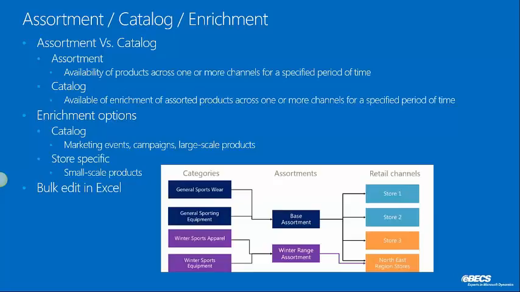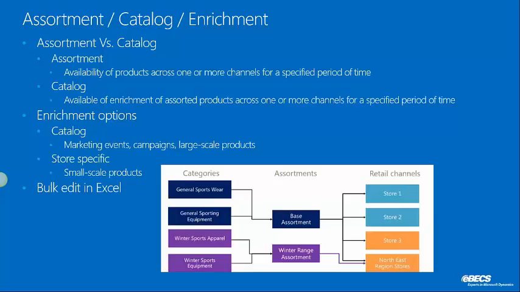So let's say, for example, as you can see in that example, I've got 4 different categories: general sportswear, general sporting equipment, winter sports apparel, and winter sports equipment. I can divide up or combine those categories and create 2 assortments. A base assortment that includes my general products, and then maybe a winter range assortment that includes my winter range products.